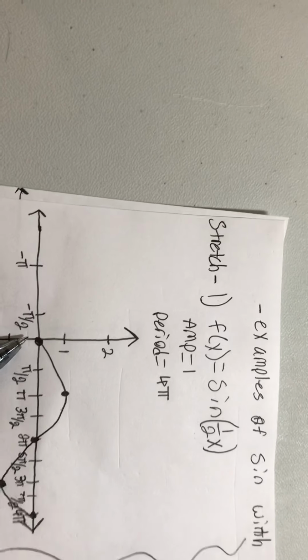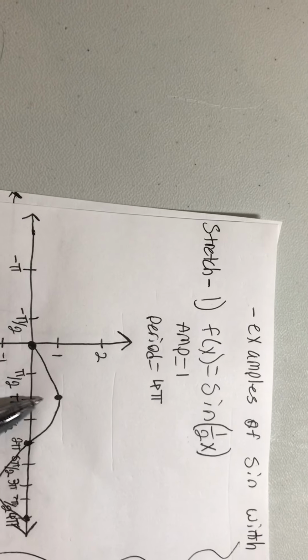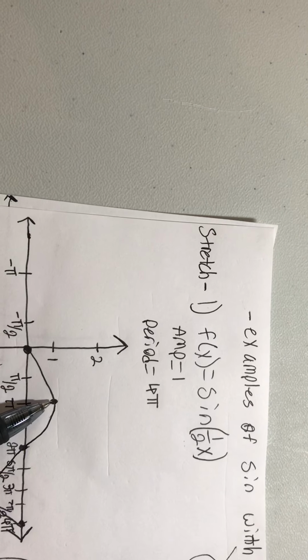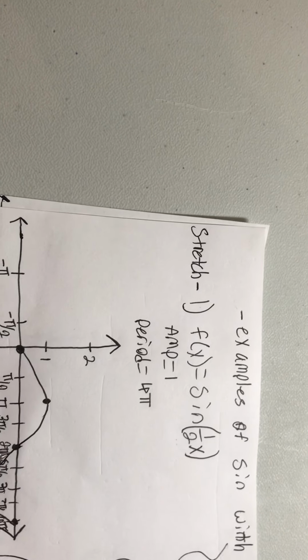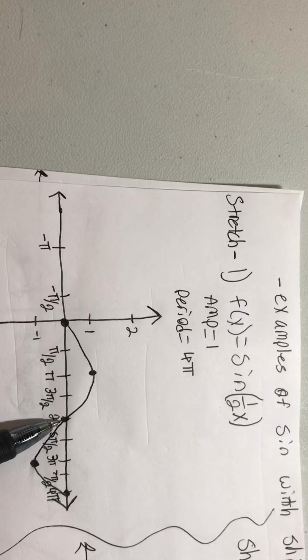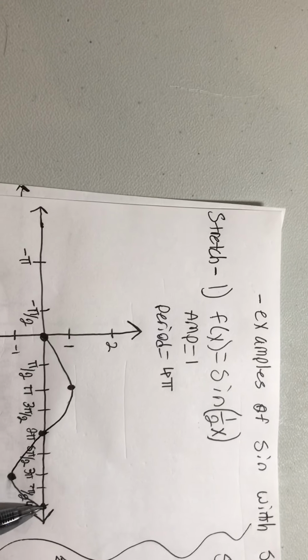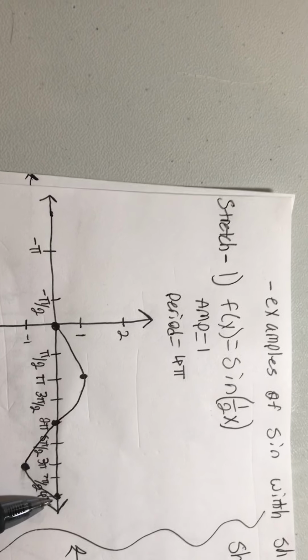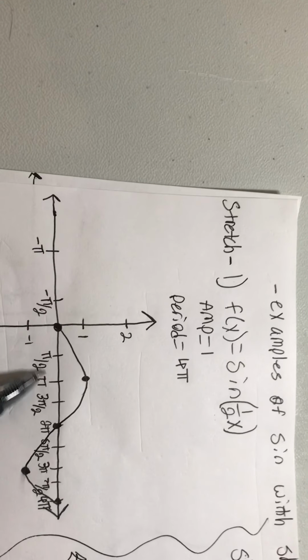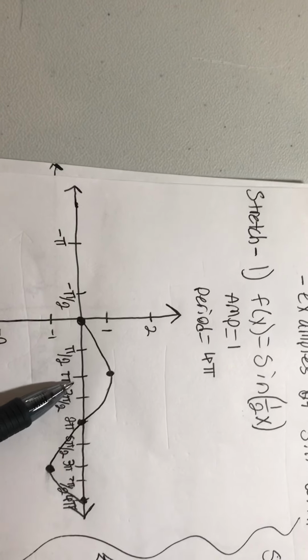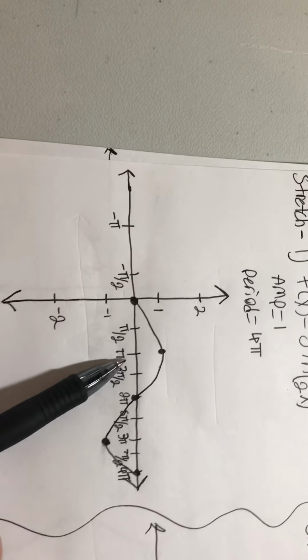Our next point is going to be at pi, up at 1. The next point is 2 pi at 0, then 3 pi at -1, and 4 pi at 0. The distance between points here is 180 degrees, or pi.